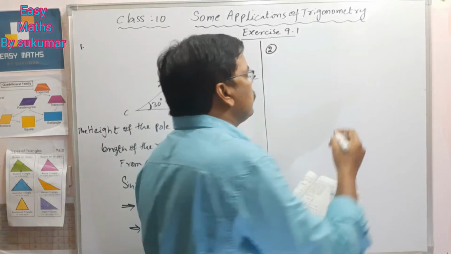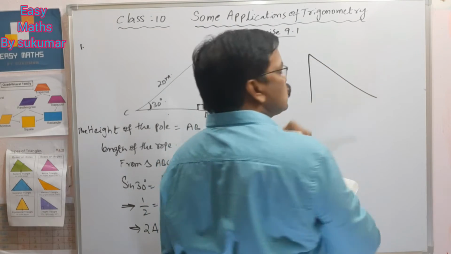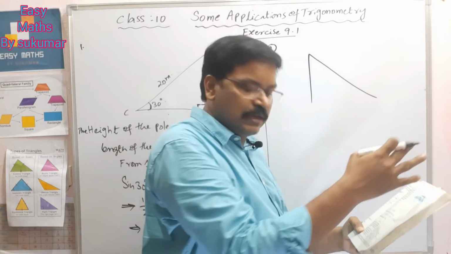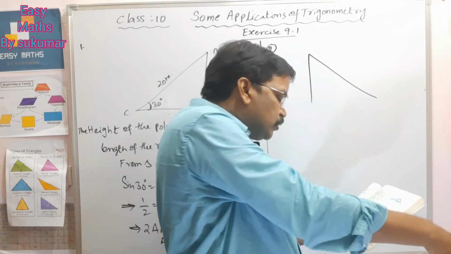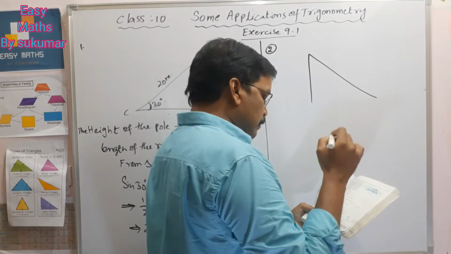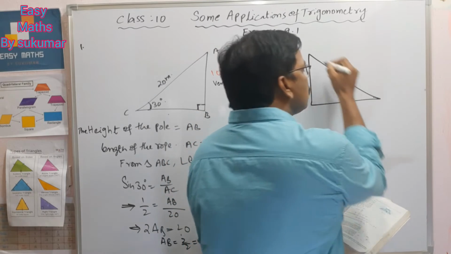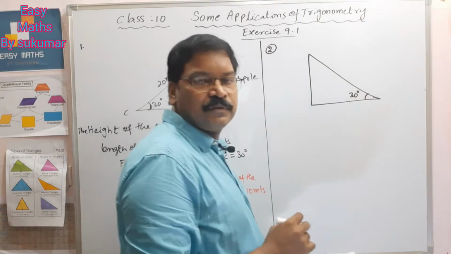It breaks due to the storm, and this part was broken. This broken part bends, and the top of the tree touches the ground, making an angle 30 degrees with it.